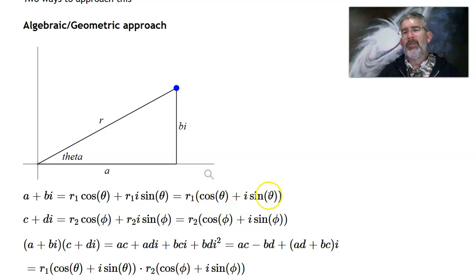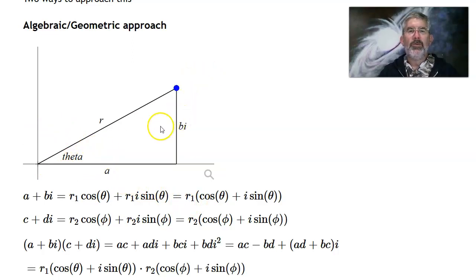It turns out that this part is actually a point on the unit circle. Essentially, the parametric equations x equals cos theta, y equals sine theta describe the unit circle. It's just that this is the unit circle in the complex plane, and then you multiply by r to scale out to where you need to be.